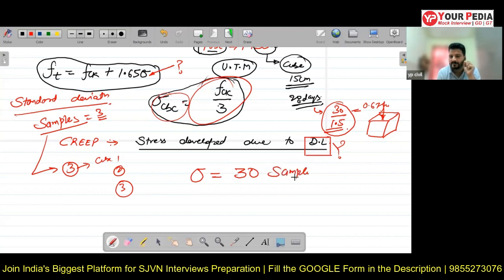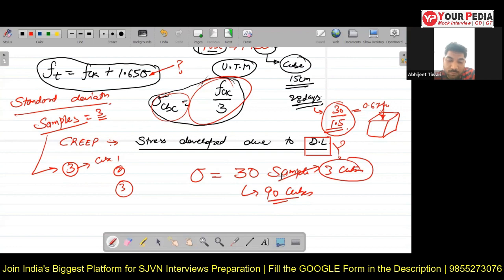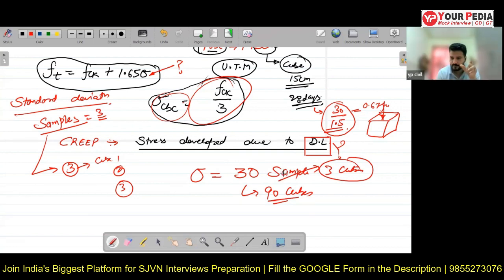Minimum 30 samples, what does it mean? It is 90 cubes or 90 specimens. One sample is nothing but 3 cubes. So at least we are making 90 cubes. So what we are doing? We are constructing 100 cubes.